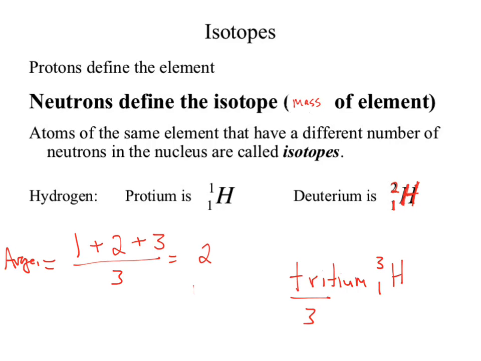So according to our calculations here and what we've just discussed, what is the atomic mass on the periodic table supposed to be? 2. Is it 2? No, because what we're looking at on our periodic table, this calculation assumes an equal percentage of each of those 3 species. Okay.